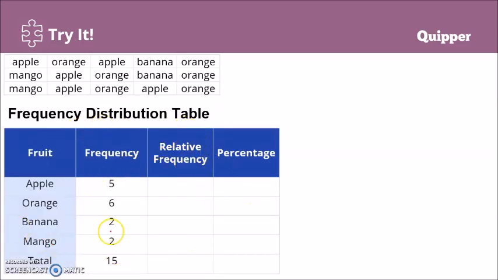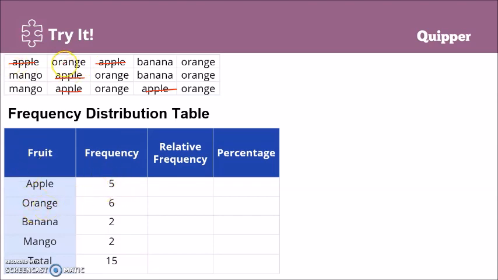So, again, parts ng frequency distribution natin. We have the category, which in this situation are fruits. Okay? So, meron tayong lahat ng choices. Apple, orange, banana, mango. 4 na klaseng prutas lang ang nandito. And then, kinount natin ang apple. So, we have 1, 2, 3, 4, 5. So, merong 5 apple. Sa frequency niya, 5.